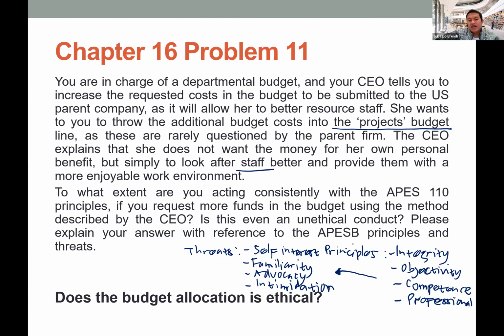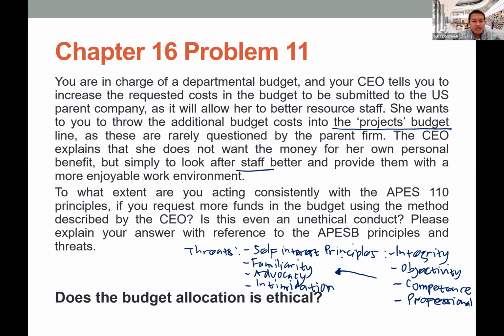Oh, it's the CEO, my bad. Sorry, sir, I didn't read properly. So we should follow the terms and definitions in the APES standard, follow their classifications of principles and threats, and try to explain this case.